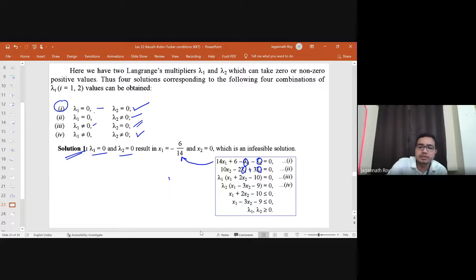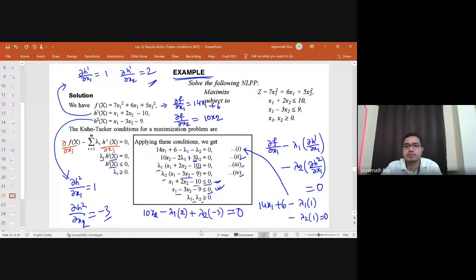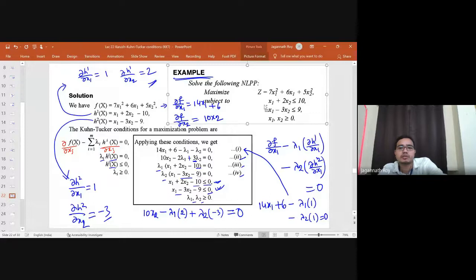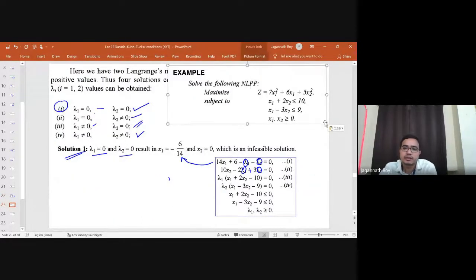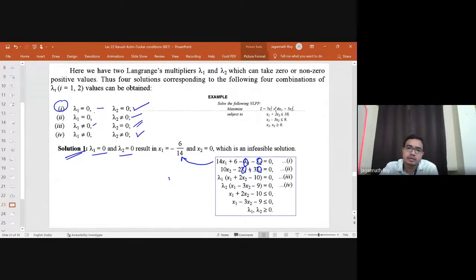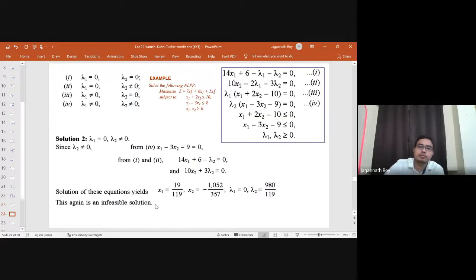But our problem is x1 and x2 are greater equals to 0, our resource constraints are here. But we are supposed to get non-negative, greater equals to 0. So this is not feasible. Similarly, we proceed to the next set of possibilities. This is done.